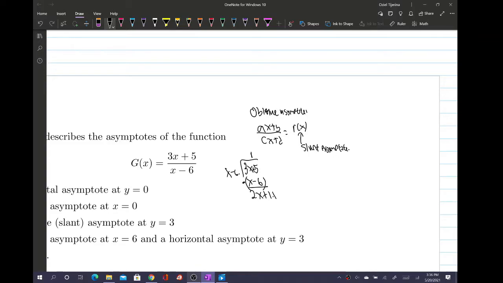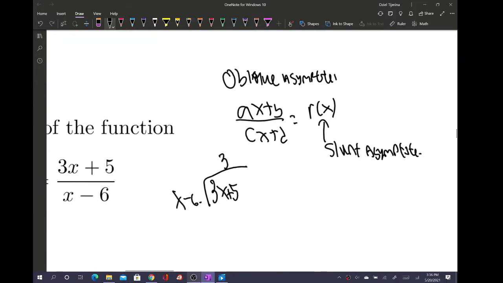Oh, and by the way, actually, it would be 3, because we want to get rid of 3x. That's our goal here. So you're going to get 3, and then you have 3 times x minus 6.